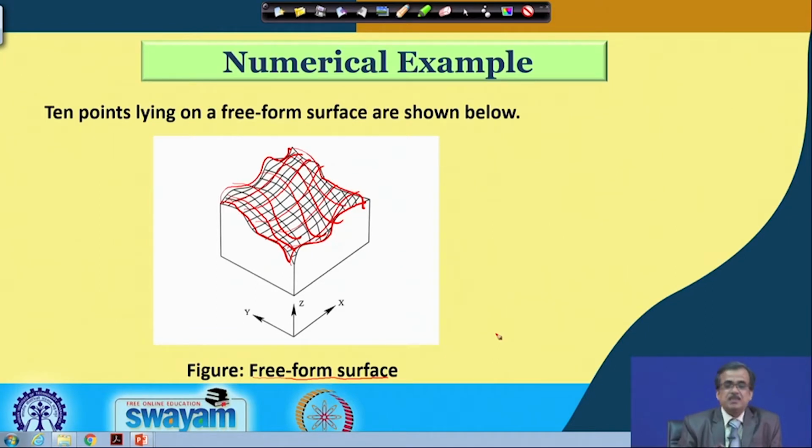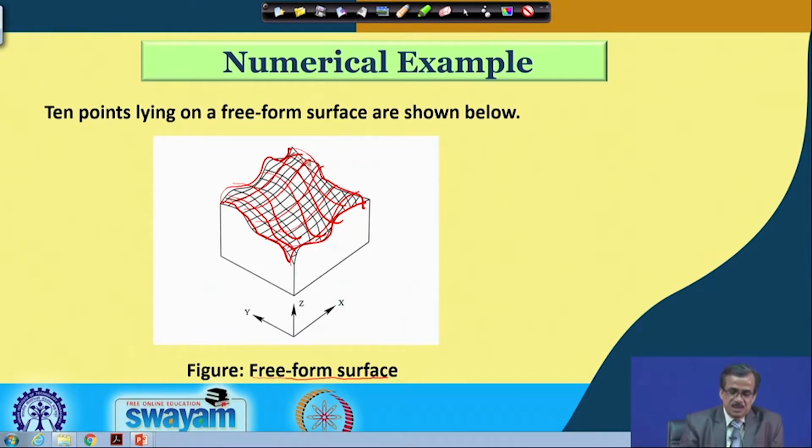To decide what the machining strategy should be, so that we can get a very accurate free form surface, we may take the help of this type of clustering, or fuzzy clustering. Now, let us see how to solve this type of problem.